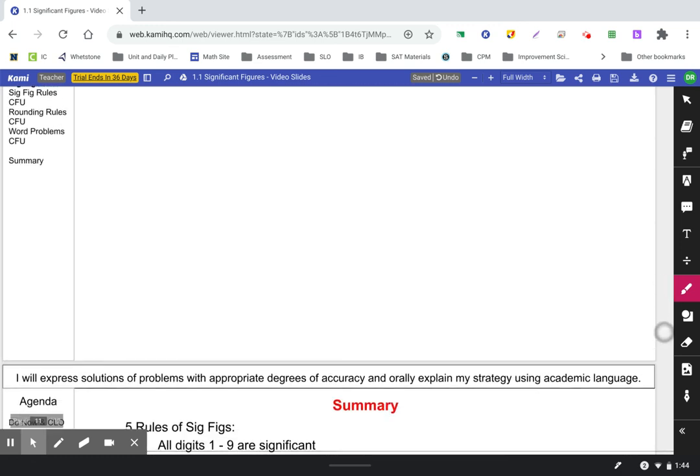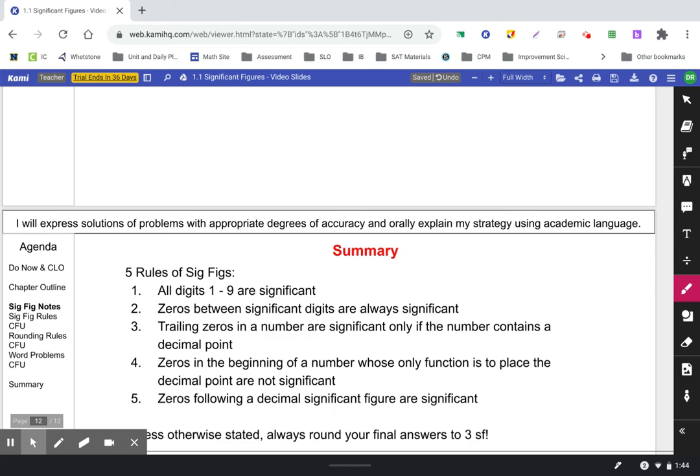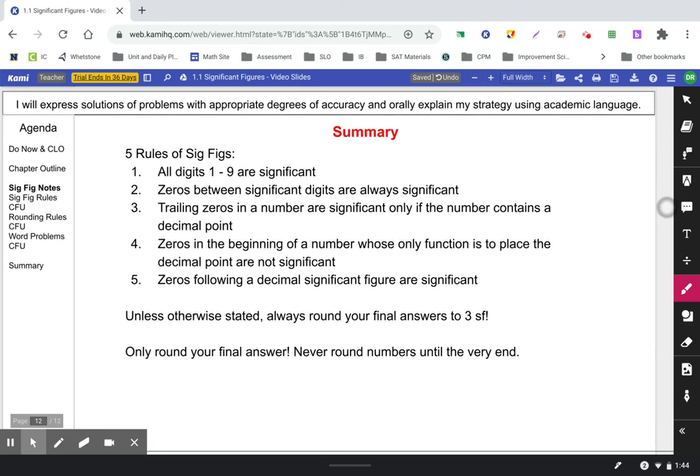Welcome back from that check for understanding. Hope you did well. Let's just wrap up this lesson now with what we have covered. So we started looking at the 5 rules of sig figs. The first rule is all digits 1 through 9 or anything that's non-zero are always significant. Zeros that are between significant digits are always significant.